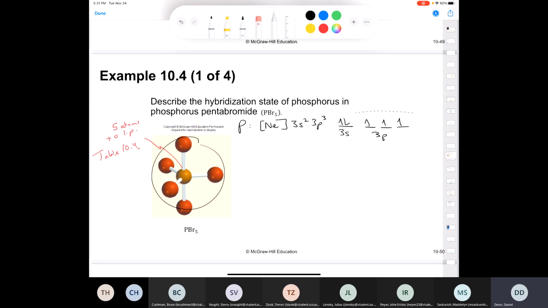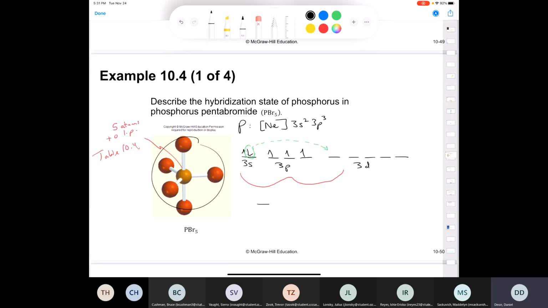Well, if I take these orbitals and I move them down here, I know that I also have at my disposal 1, 2, 3, 4, 5, 3d orbitals. What if I took this electron here and I moved it into a 3d orbital? Then what would I have to mix? I'd have to mix 1 s, 3 p, and 1 d orbital. What would I end up with?